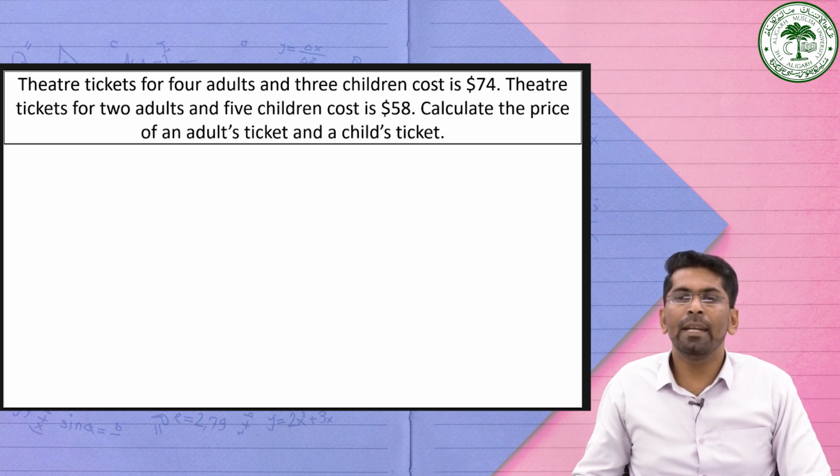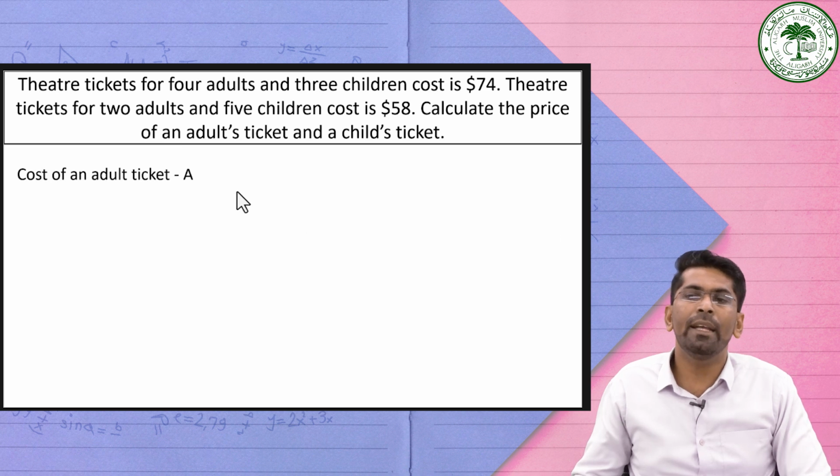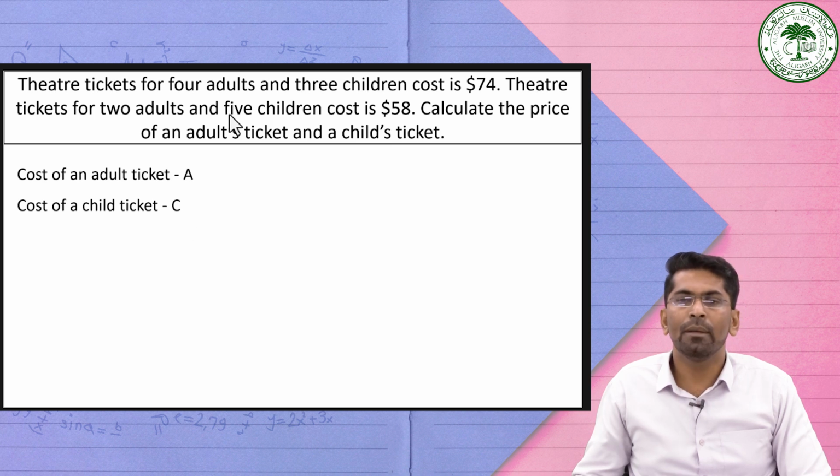Here let us denote the cost of an adult ticket as A and the cost of a child ticket as C. From the given information, we can set up two equations.